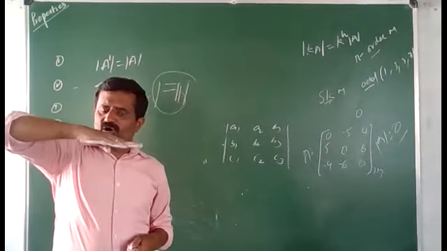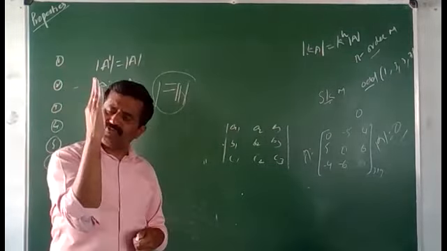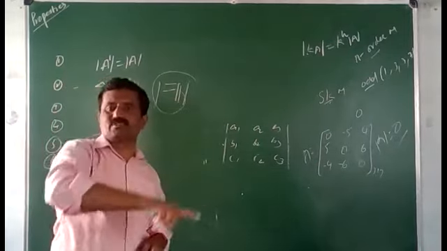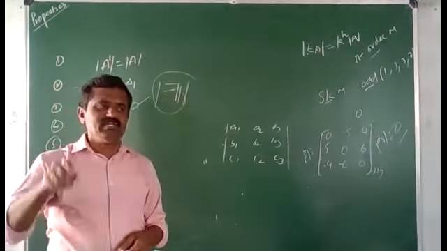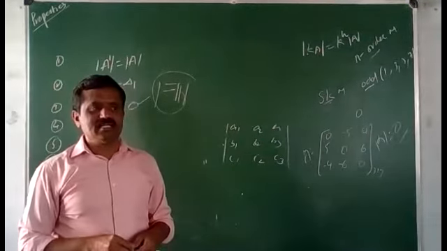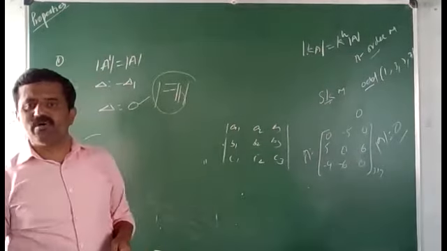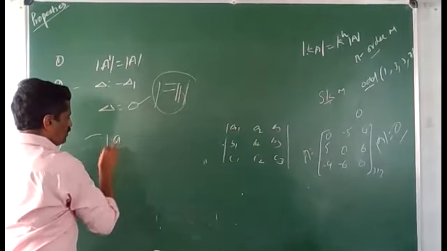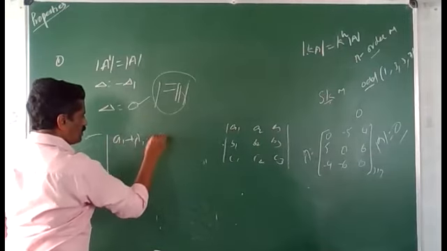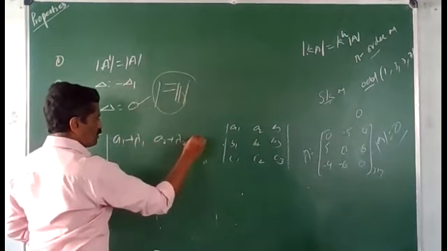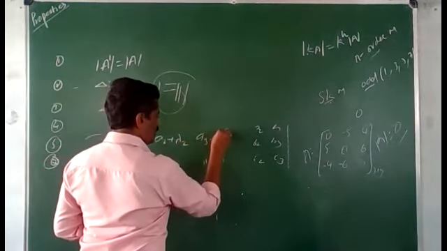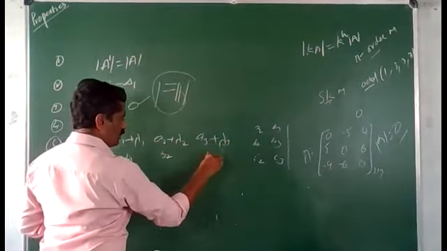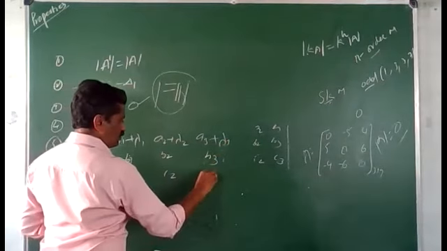Here, if the elements of a row or the elements of a column are the sum of two terms, then we can express such a determinant as a sum of two determinants. For example, the determinant of a1 plus lambda 1, a2 plus lambda 2, a3 plus lambda 3, b1, b2, b3, c1, c2, c3.